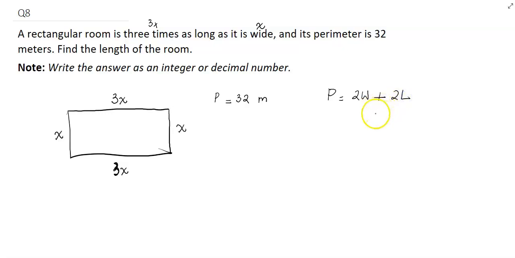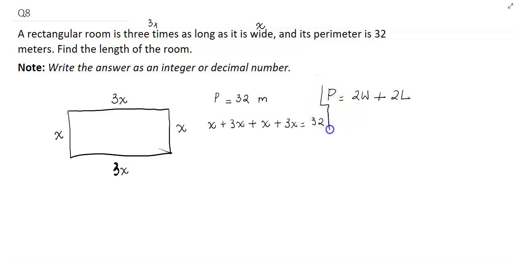If you're the one that likes formula, you use this one. If you don't care much about formula and you understand that perimeter is to add everything that's around, I'm gonna start to add. So I'm gonna put x plus 3x plus x plus 3x equal 32.